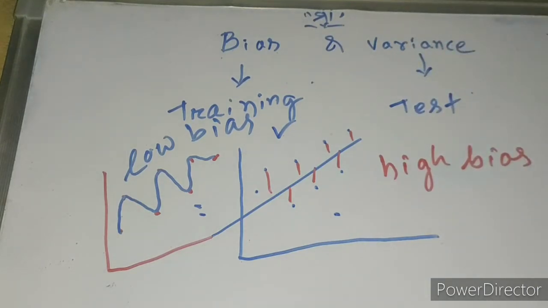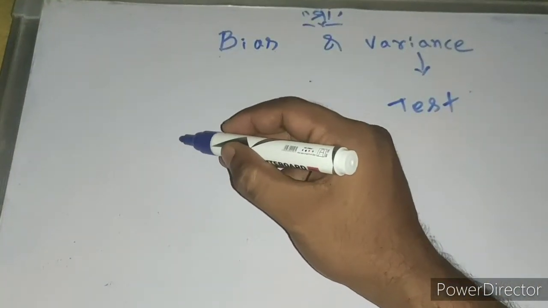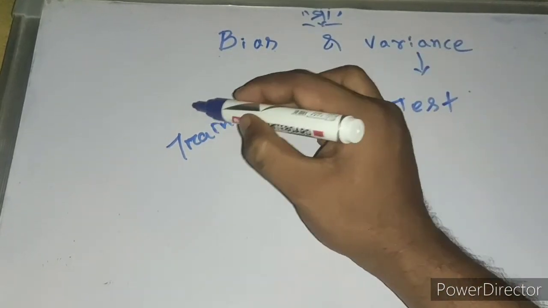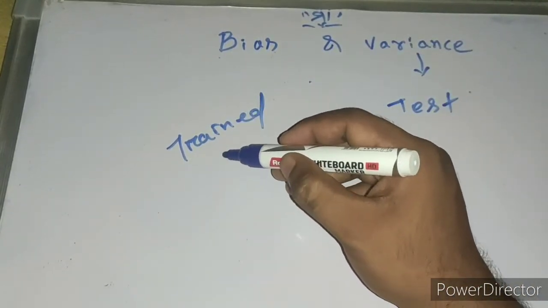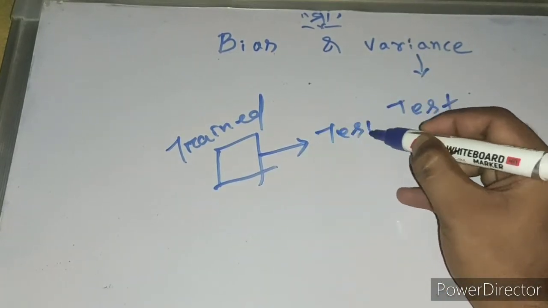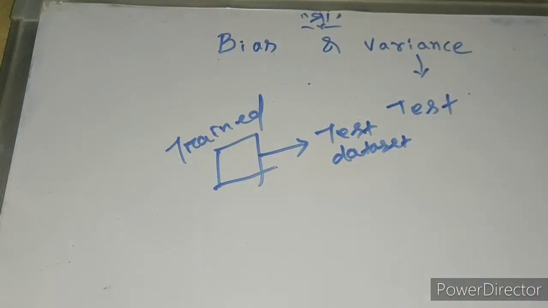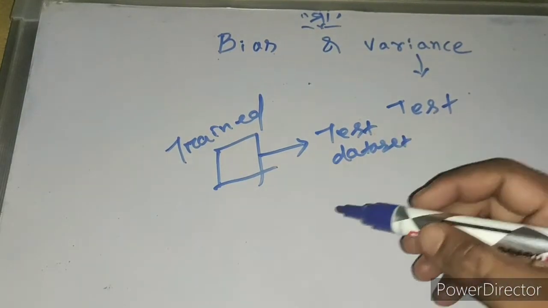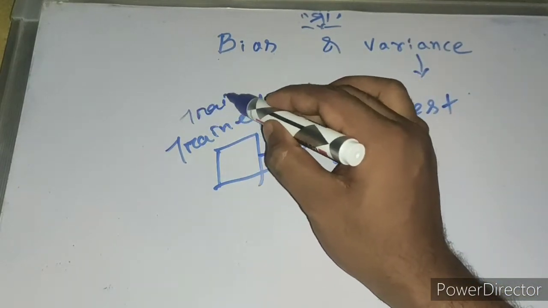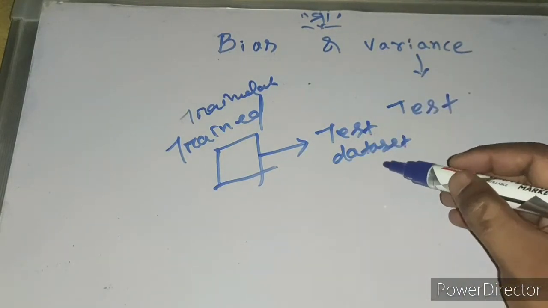Let's come to variance. What is variance? Now suppose the model is trained. Once the model is trained, it will be applied on the test dataset. This model is trained on the train dataset, and it has to be applied on the test dataset.